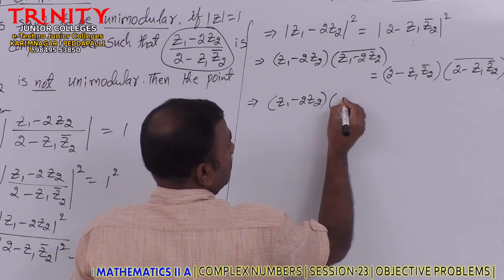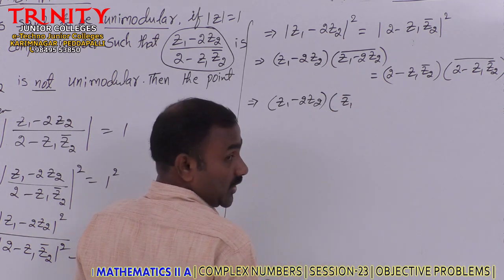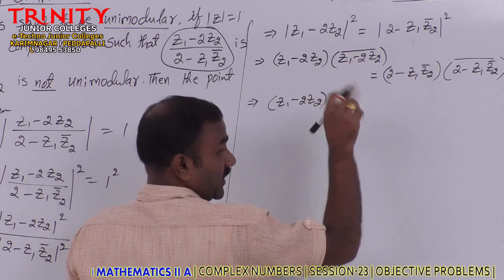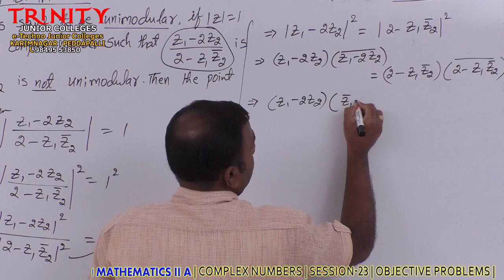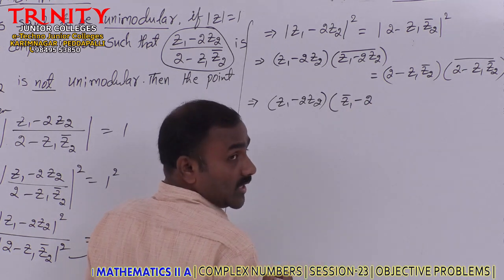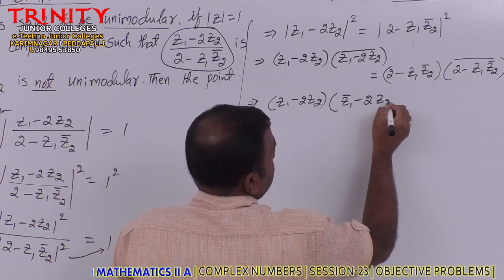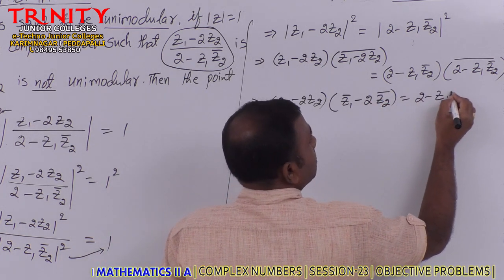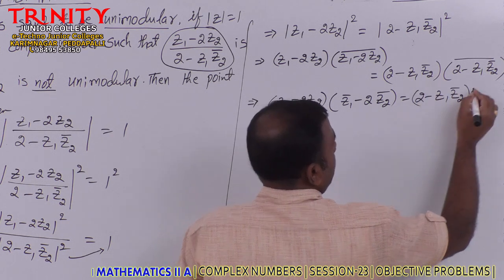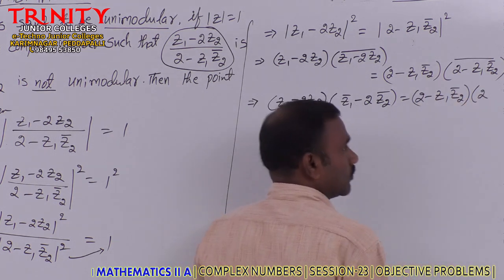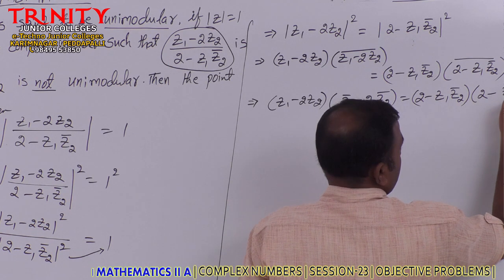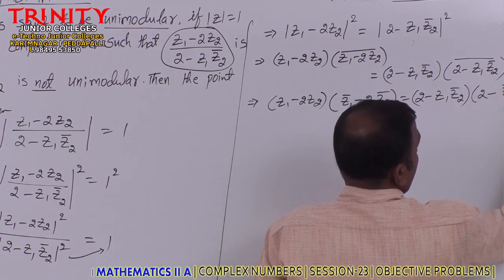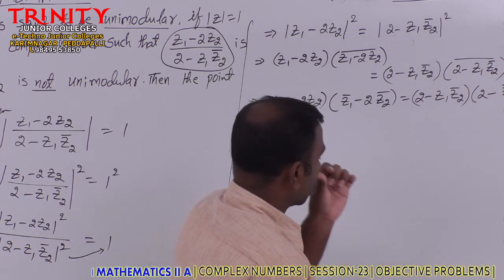Now the bar of z1 minus 2z2 is z1 bar minus 2 bar z2 bar, and 2 bar is nothing but 2, because it is a real number. So it is z1 bar minus 2z2 bar. On the right, 2 minus z1 z2 bar into 2 minus z1 bar z2 bar whole bar, z2 bar whole bar is z2.